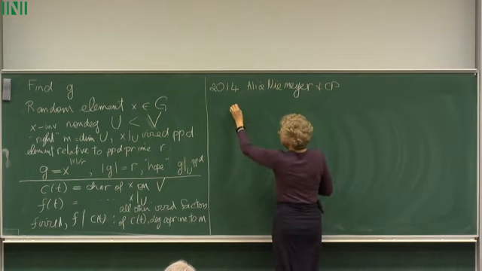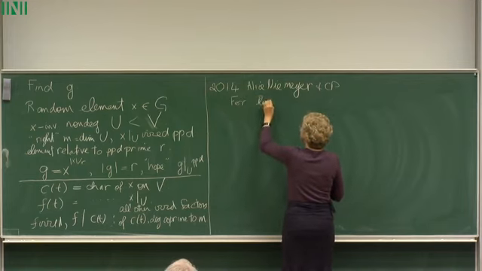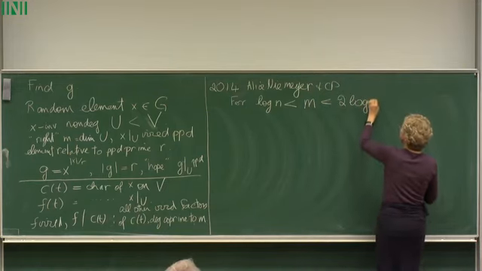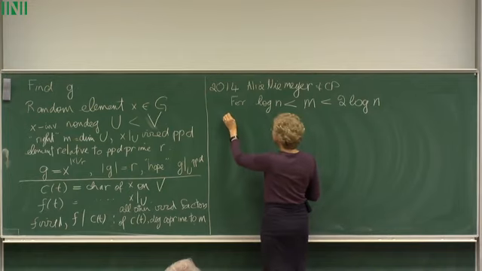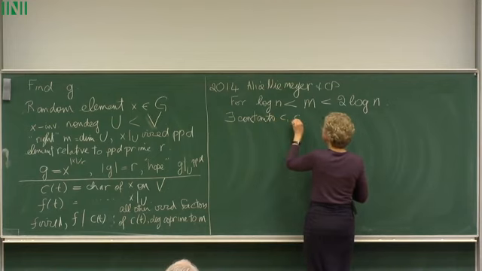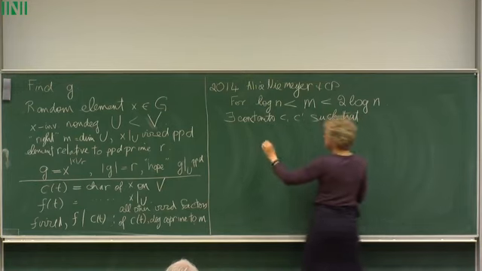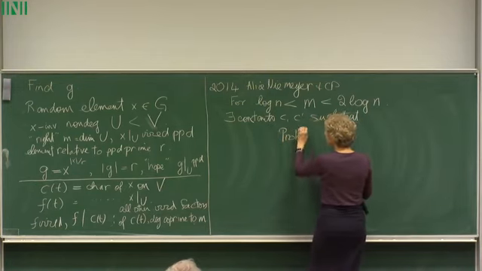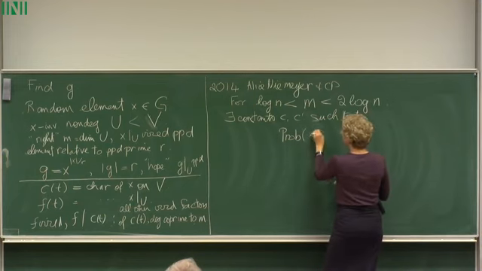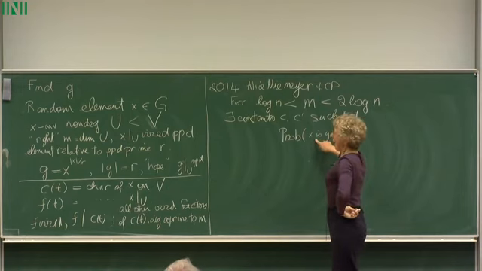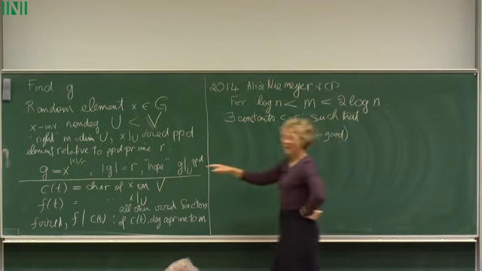And so we're picking our m between log n and 2 log n. And then we show that there exist constants C and C prime such that the probability that, let's say x is good, it means that x actually has all this stuff.